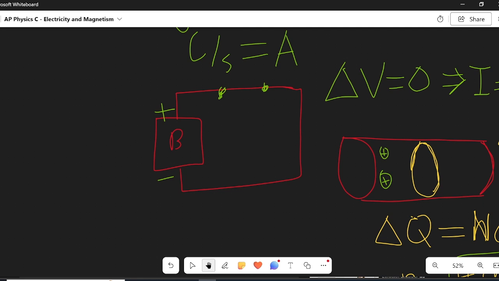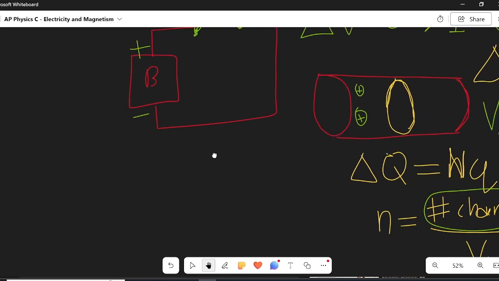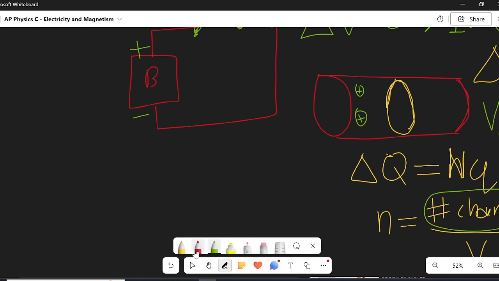So assuming the electric potential difference across the wires is what actually causes the current, and assuming that the electric field in the wire is uniform, this is what builds upon all of the laws that we're going to study.